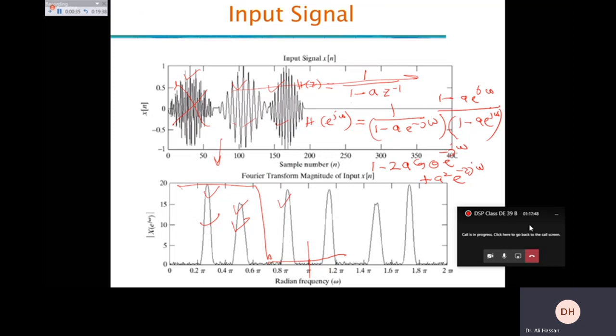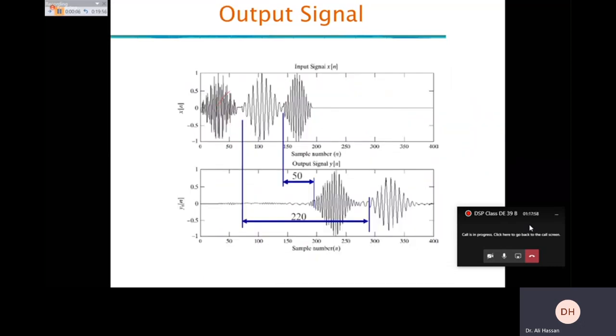So once you pass this signal through this filter, it will eat up this, so you don't worry about that. But it is going to delay this frequency by about 220 samples, and this by 50, so they will change their location in the output. You get what you want, which is that the undesired frequency will go away, but you don't want your signal to look like this.